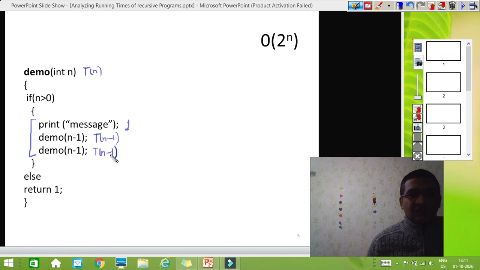If I represent this equation, it is going to be like this: t of n, the cost is 1 plus 2 times t of n minus 1, when n is more than 0. Otherwise, if n equals 0, you get 1, and this is our exit condition. So let's solve this part.